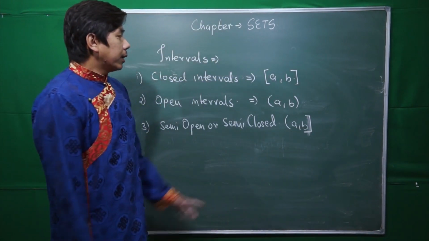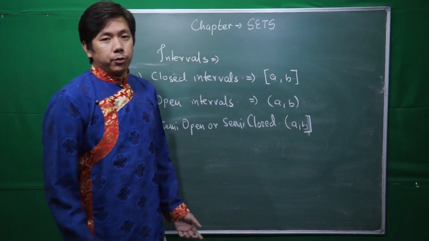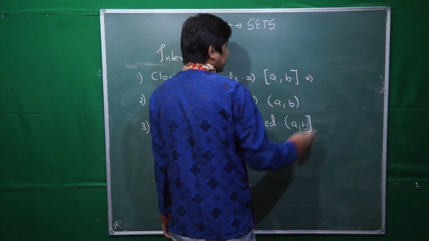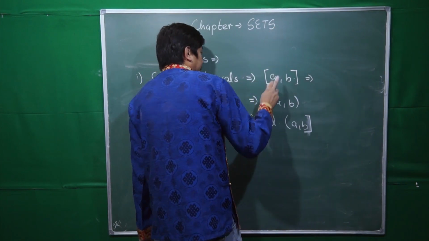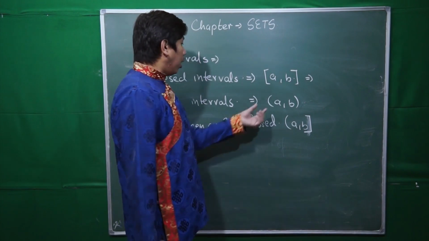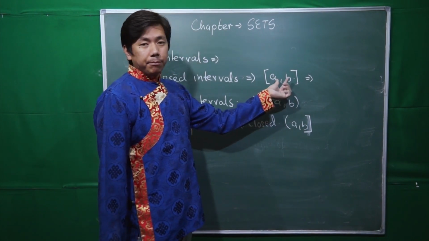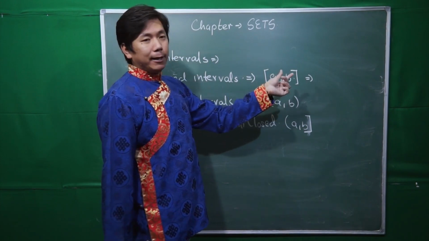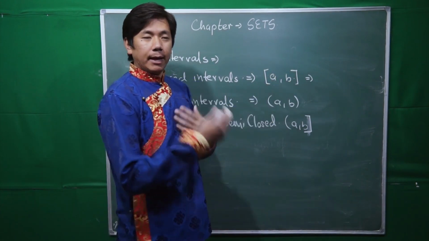Okay. Now, what does this imply? This square bracket and the round bracket. In the square bracket, what it means is that it includes all the values between a and b, with a included and b included as well.